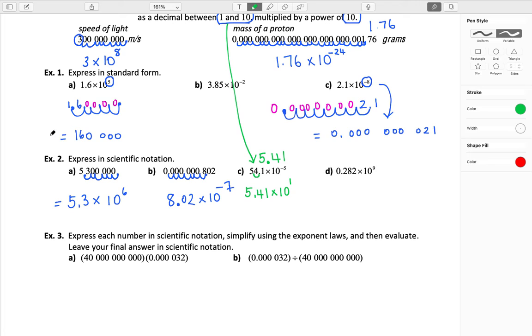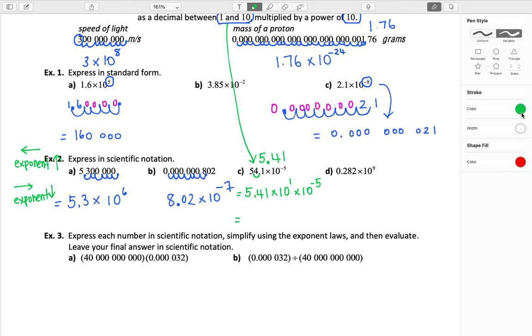If we're moving to the left, the exponent is getting bigger. But if I'm moving towards the right, the exponent is getting smaller. So 54.1 is exactly the same as 5.41 times 10 to the 1. And then times, we have 10 to the negative 5.